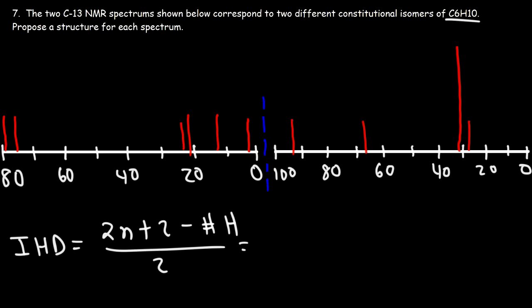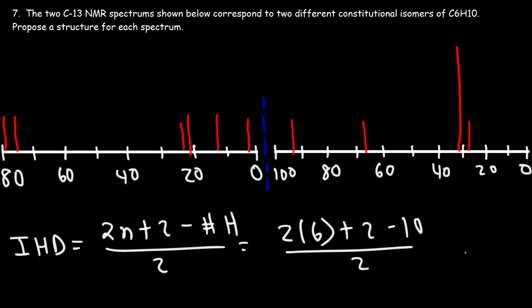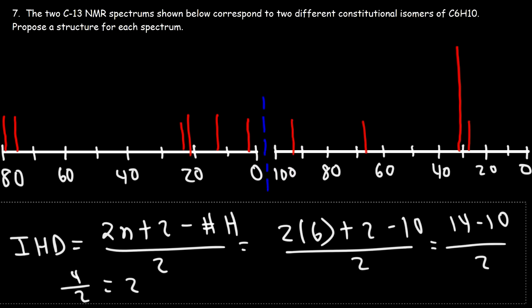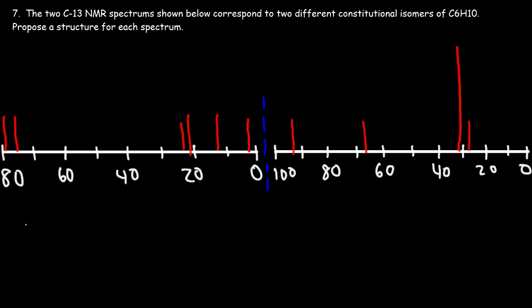In C6H10, there's a total of 6 carbon atoms, and we have 10 hydrogen atoms. Now 2 times 6 is 12, plus 2, that's 14. 14 minus 10 is 4, and 4 divided by 2 is 2. So the IHD is 2.